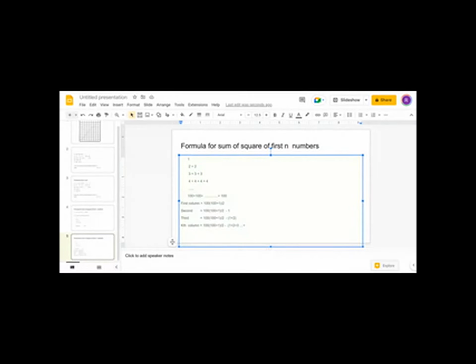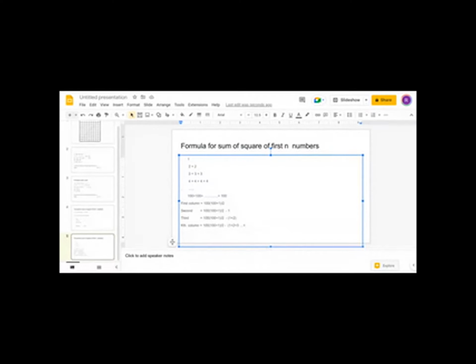Tell me for the fifth column, what is the sum? First column, second column, third column, fourth column. The fifth column will start from where? The first column starts from 1, 1 plus 2 plus 3 till 100. The second column is 2 plus 3 plus 4.